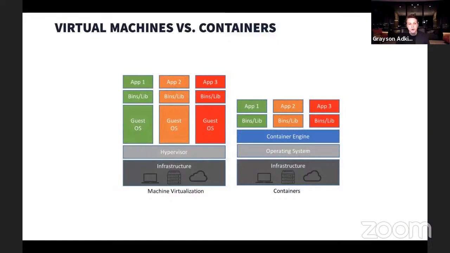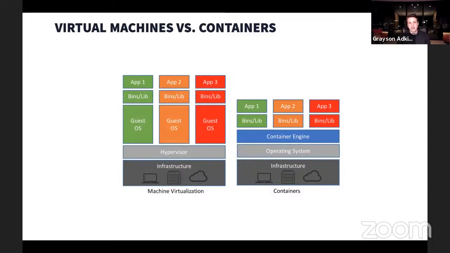So this is a common question. What's the difference in a virtual machine and a container? Because they sound similar. Without going into too much detail, virtual machines use what's known as a hypervisor. It emulates the underlying hardware. And in particular, you're running multiple guest operating systems on top of that virtual machine. So if you recall that image of the cloud server with the different VMs on top of it, each one of those VMs is running a Linux OS or a Windows OS or whatever OS is installed on each one of those VMs.